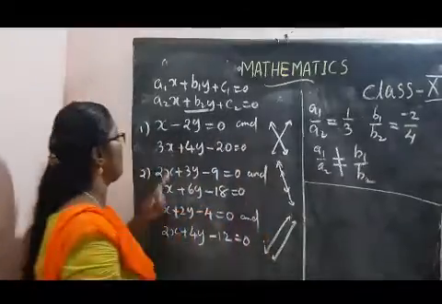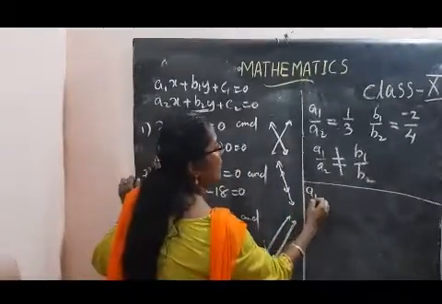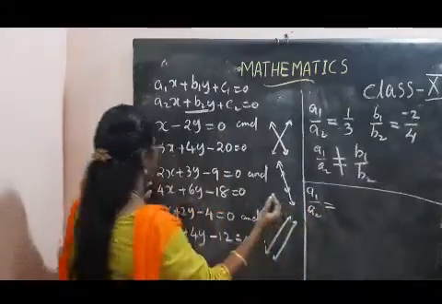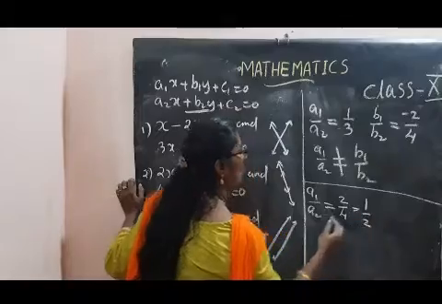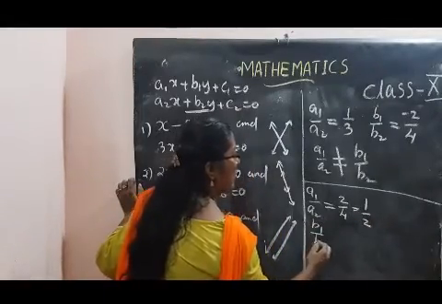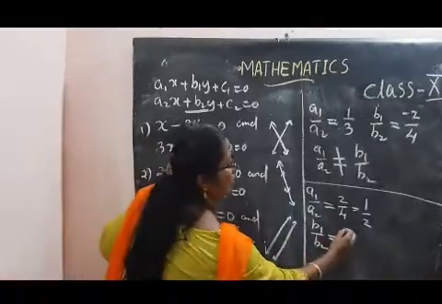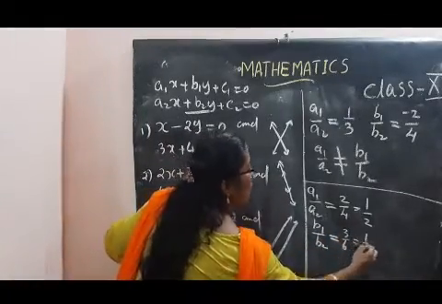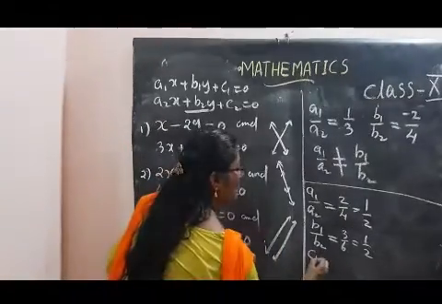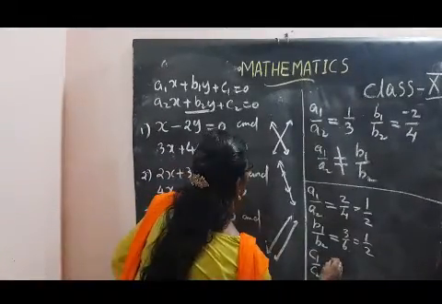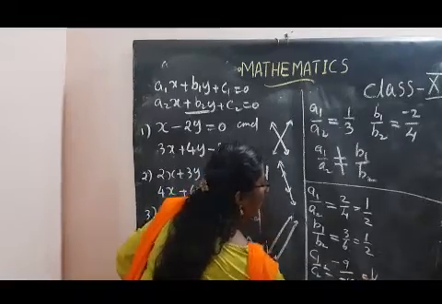Look at the second example. Here a1 by a2 equal 2 by 4, that is 1 by 2. b1 by b2 equal 3 by 6, that is also 1 by 2. c1 by c2 equal minus 9 by minus 18, that is also 1 by 2.